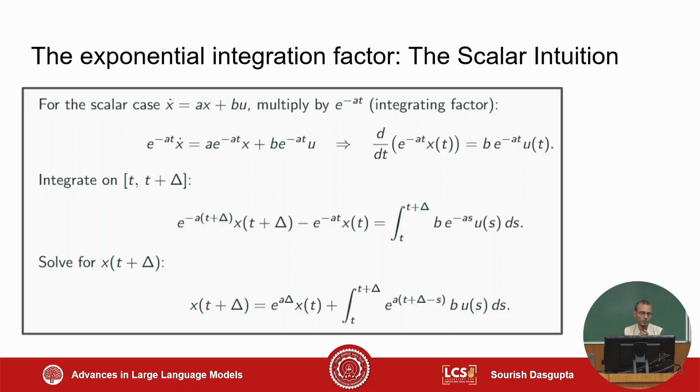Then you multiply both sides by e^(−at), where a is a scalar right now. And if you do that, you get d/dt of (e^(−at) x(t)), which equals b e^(−at) u(t).